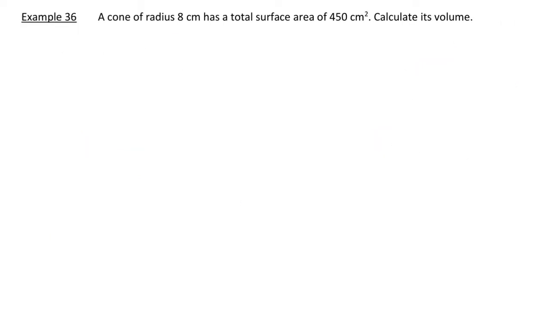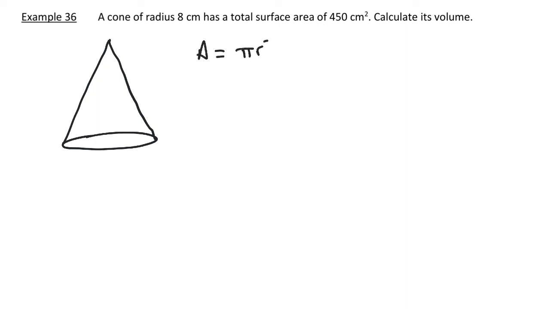And finally, example 36. A cone of radius 8 has a total surface area of 450. So what we've got is a total surface area. So that's the base plus the slant. So the surface area is pi r squared plus pi rl.